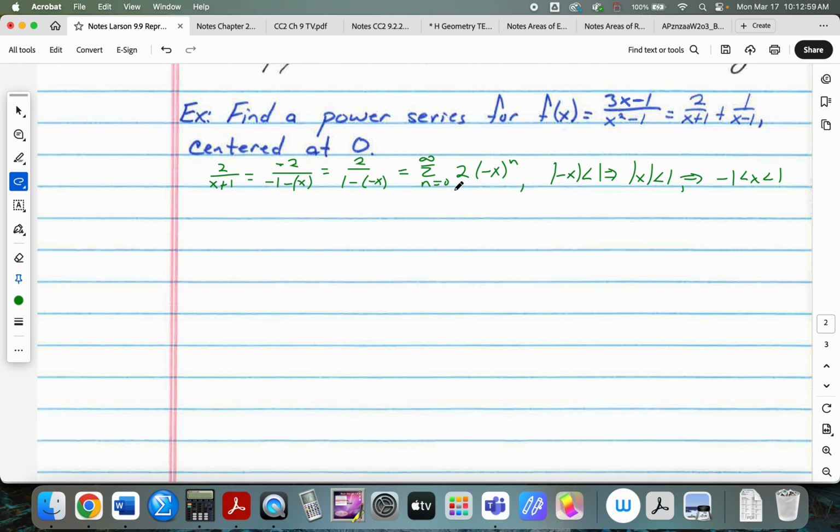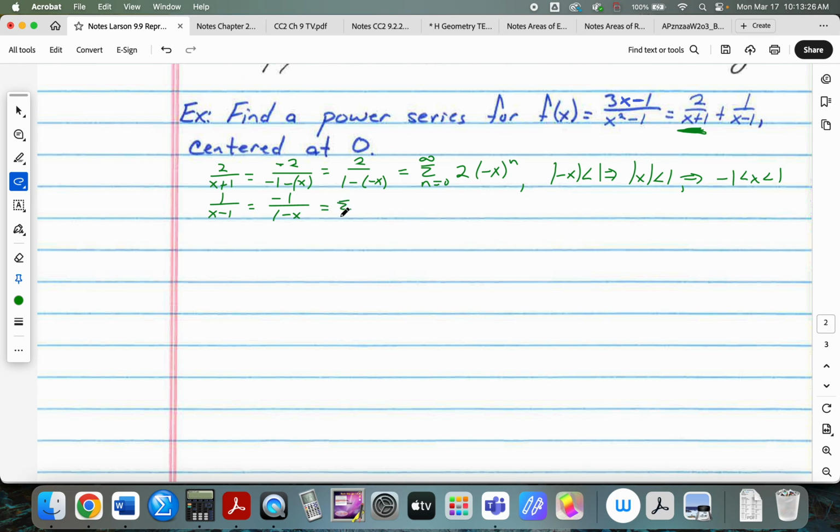So we have this series for the first part. Then for the second part, 1 over x minus 1, multiplying by negative 1, we get negative 1 over 1 minus x. And that's already exactly in the form that we want. It's an a over 1 minus r.